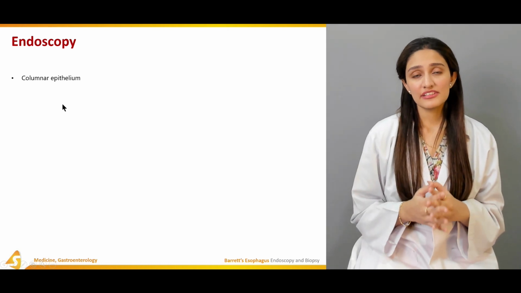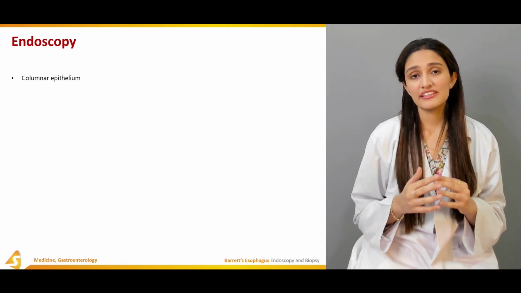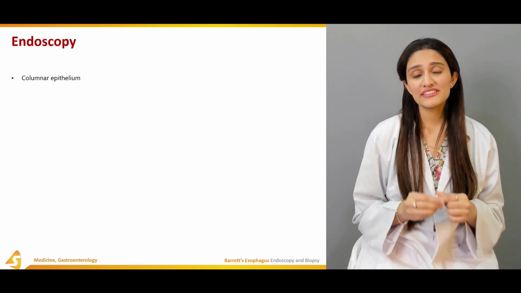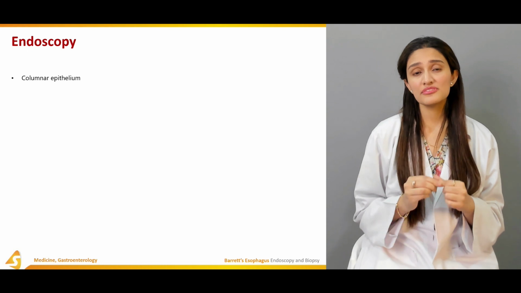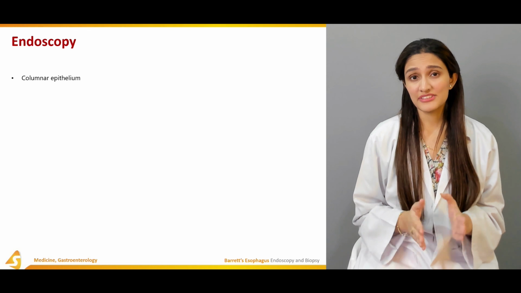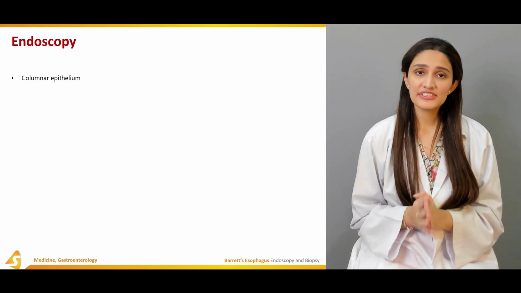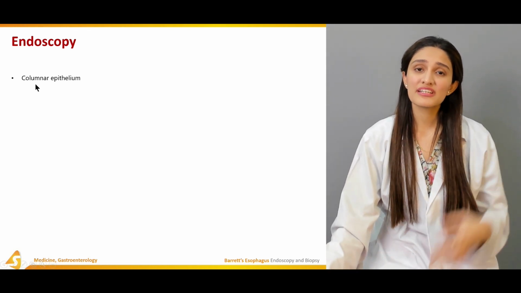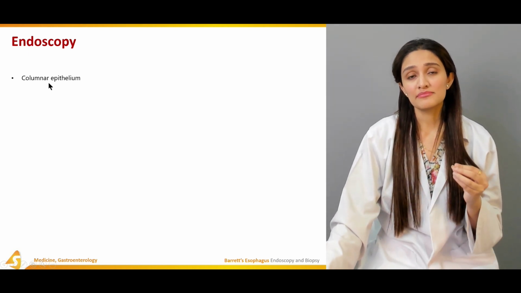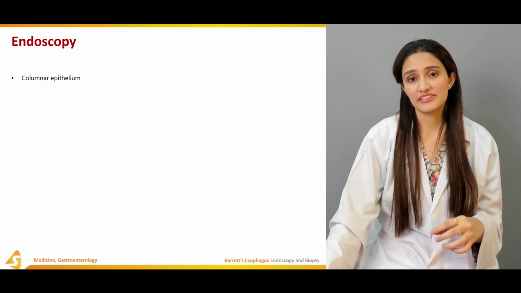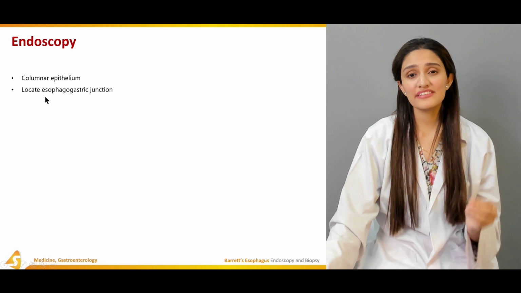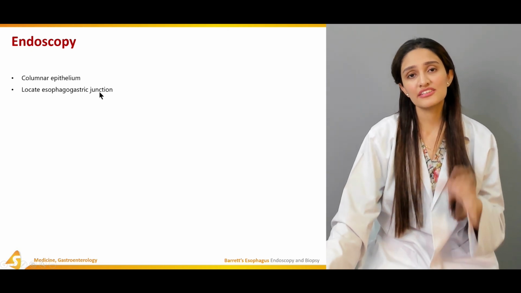If we do the endoscopic examination of a patient, the endoscopist has to fulfill two major criteria to ultimately diagnose that this is a Barrett's esophagus. The first criteria is that the endoscopist must see through the endoscope that the columnar epithelium lines the distal esophagus. The second thing is that he should locate the esophagogastric junction.